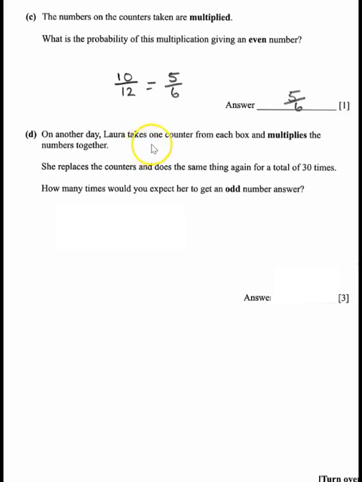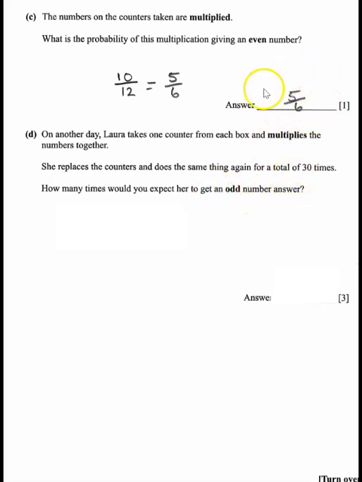On another day, Laura takes 1 counter from each box and multiplies the numbers together. So she's basically doing exactly the same as question C. We're multiplying them together. She replaces the counters and does the same thing again for a total of 30 times. How many times would you expect her to get an odd number? So instead of even, we're looking for odd.